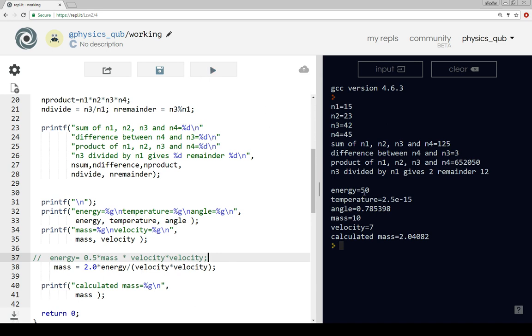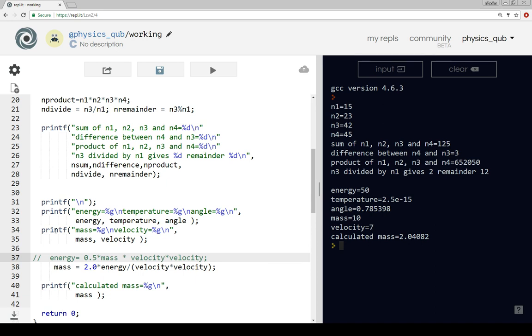So if the energy is 50 joules and the velocity is 7 meters per second, well, 7 squared is 49, and so the energy is approximately equal to the velocity squared.